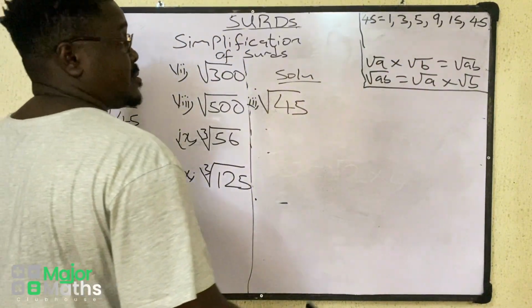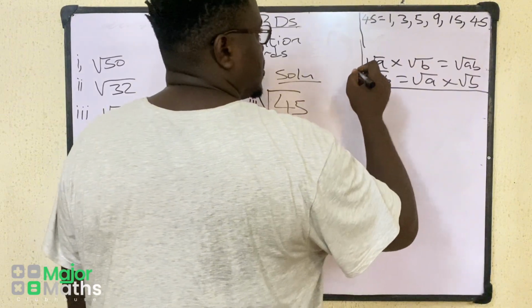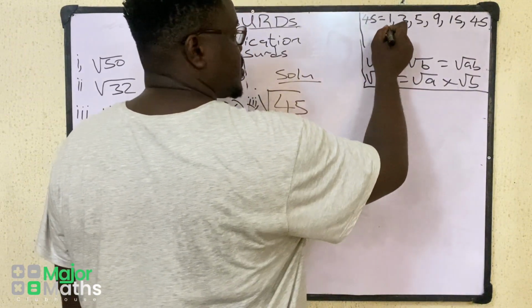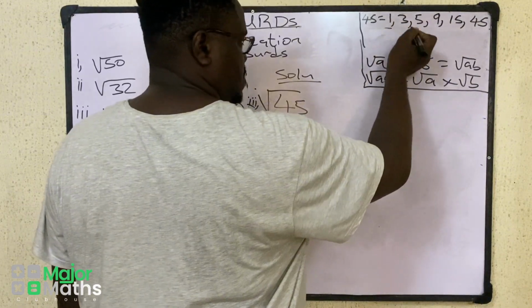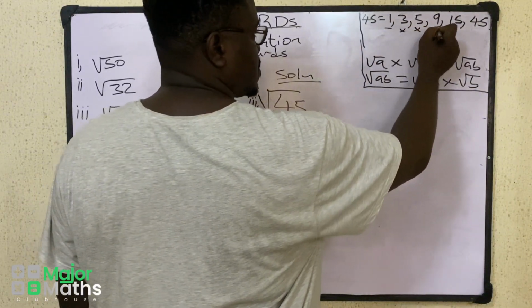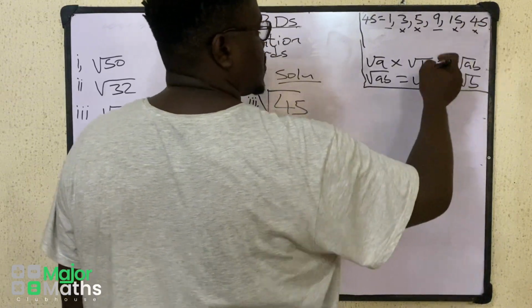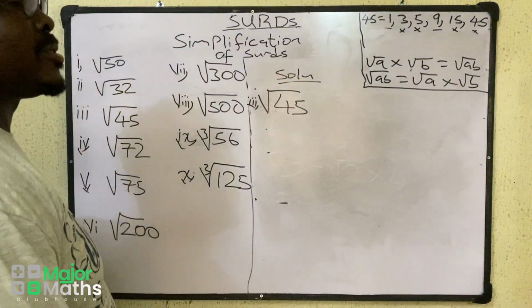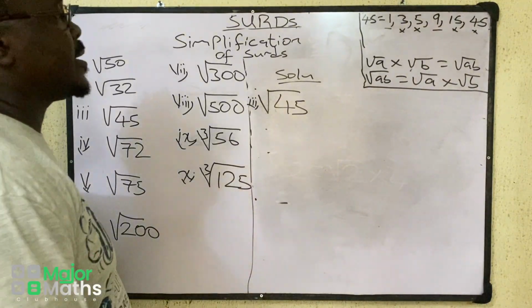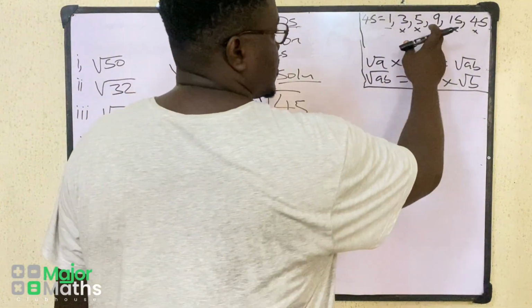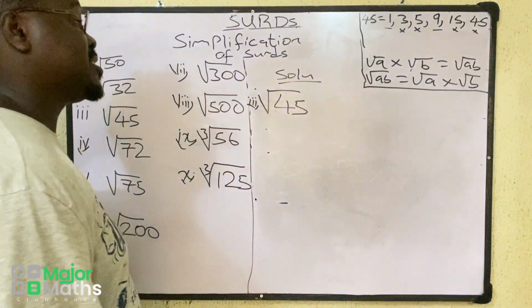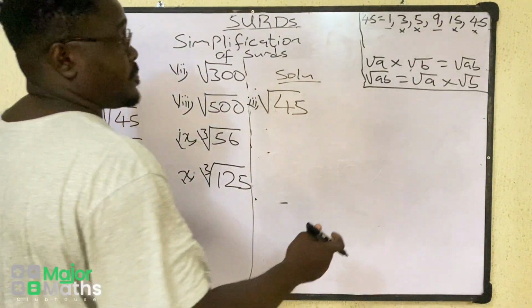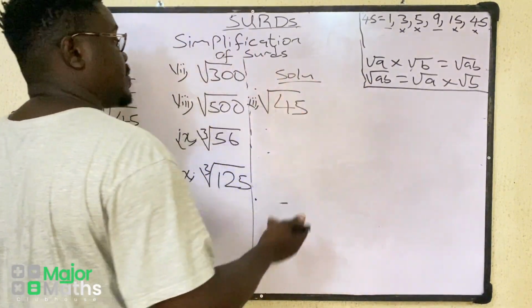So let's find the factor that is also the highest perfect square here. That gives you 9. 9 is the highest perfect square in this chain. So 5 times 9 will give you 45.